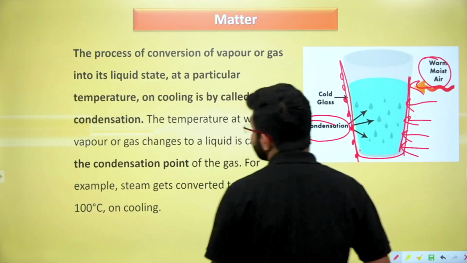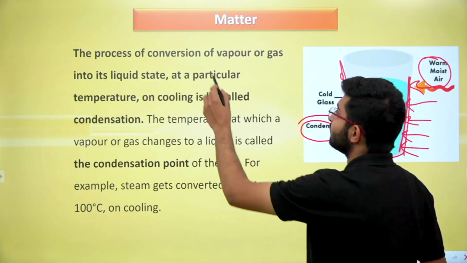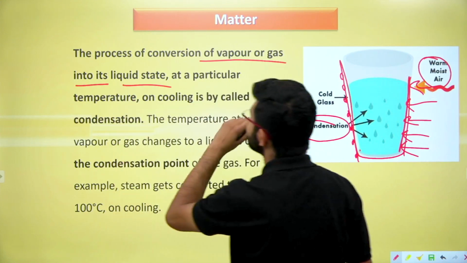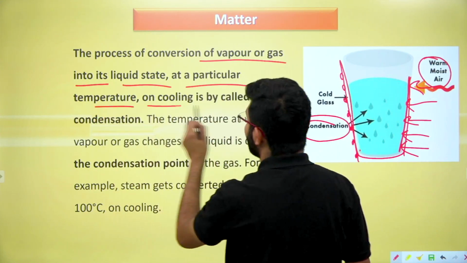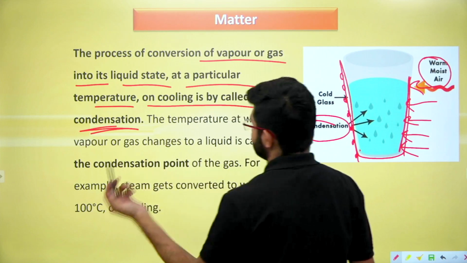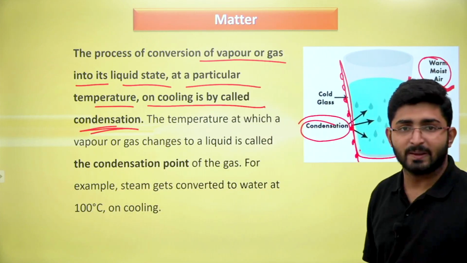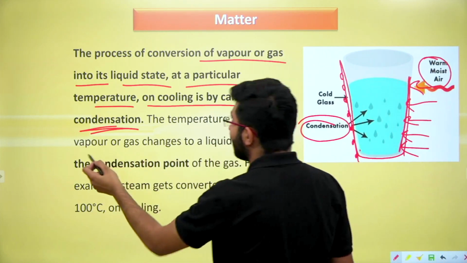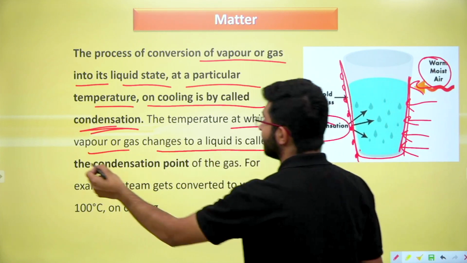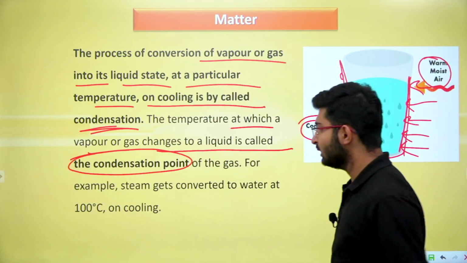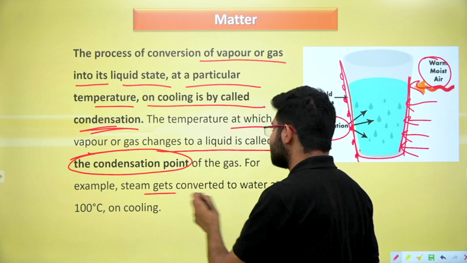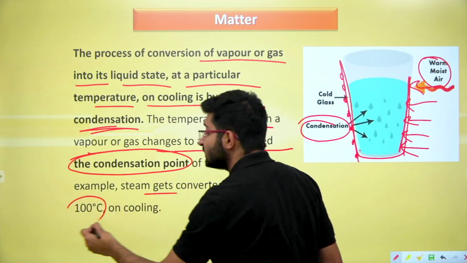This is also written here: the definition is the process of conversion of vapor or gas into its liquid state at a particular temperature on cooling is called condensation, right? The temperature at which a vapor or gas changes to a liquid is called the condensation point. I hope this is clear. For example, steam gets converted to water at 100 degrees Celsius.